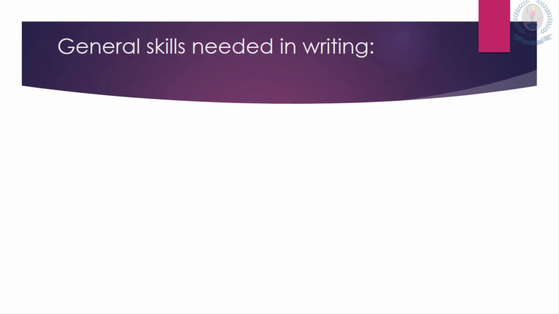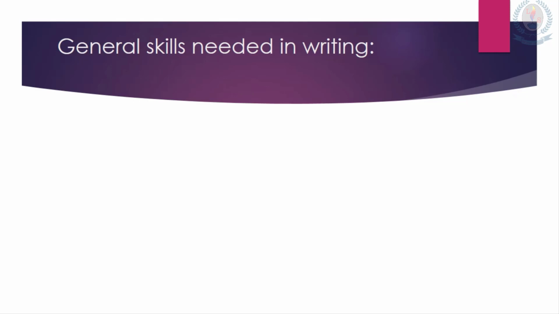Now we have to discuss the general skills needed in writing. Up to this, we discussed the forms of writing. When you are writing an essay or any other communication in writing, first you have to decide the form, whether it's a newspaper article, report, letter.